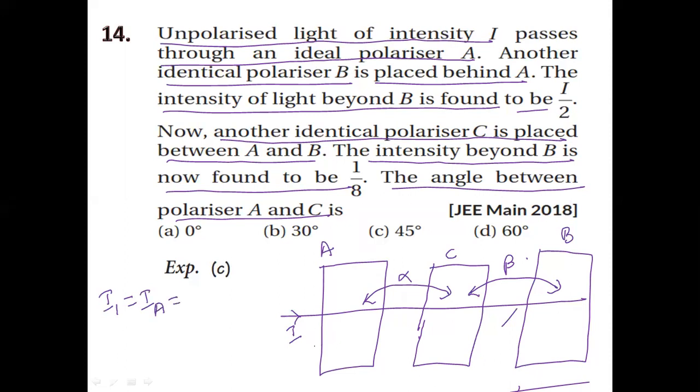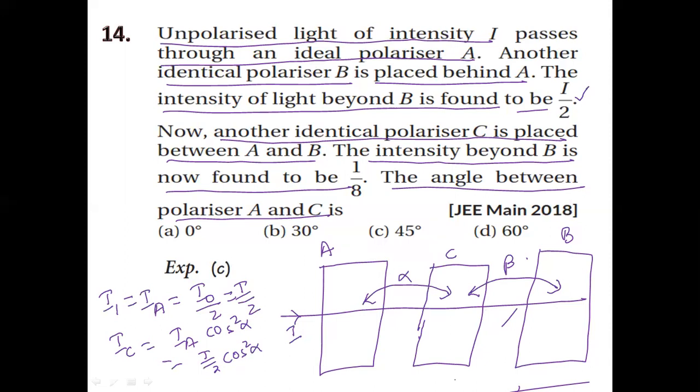Initially, it is unpolarized, so we'll get I naught by 2 or I by 2. That's what they give. So the intensity of the emitted polarizer will be the intensity of A times cos square alpha. That is nothing but I by 2 cos square alpha. Right?